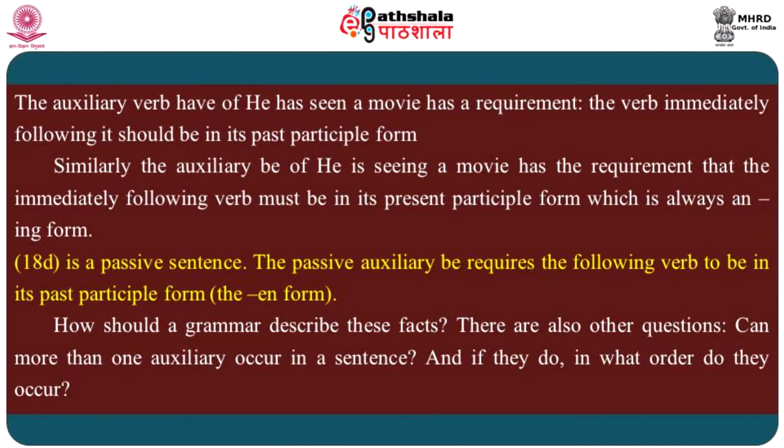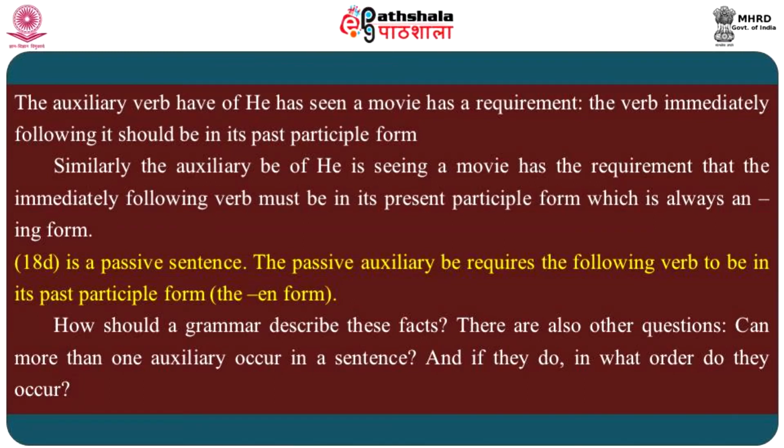The auxiliary verb have of he has seen a movie also has a requirement. The verb immediately following it should be in its past participle form. Similarly, the auxiliary verb be of he is seeing a movie has the requirement that the immediately following verb must be in its present participle form, which is an ing form.